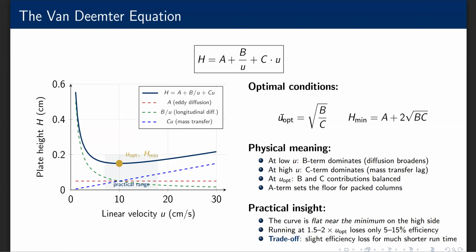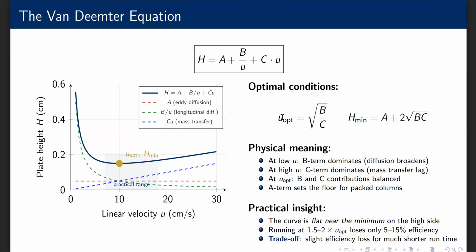The red dashed line is the A term, constant and independent of flow. The green dashed curve is B over U. It falls steeply as flow increases because faster flow gives less time for diffusion. The blue dashed line is C times U, which increases linearly with flow because faster flow means less time for equilibration. The solid blue curve is the sum of all three.